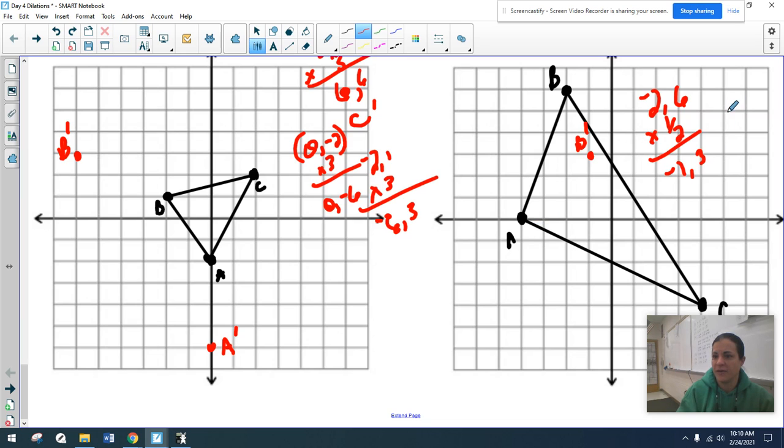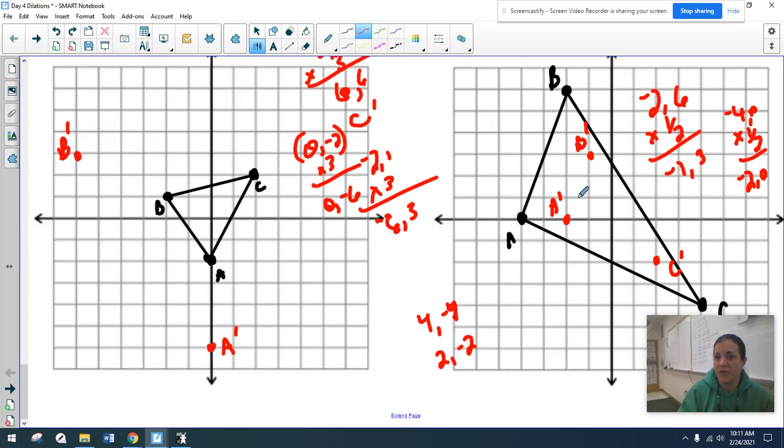A is negative 4, 0. So timesing by a half is the same as dividing by 2. So that's just going to give me negative 2, 0. And then C is 4, negative 4. So cutting those in half is going to give you 2, negative 2. So that would be your C prime.